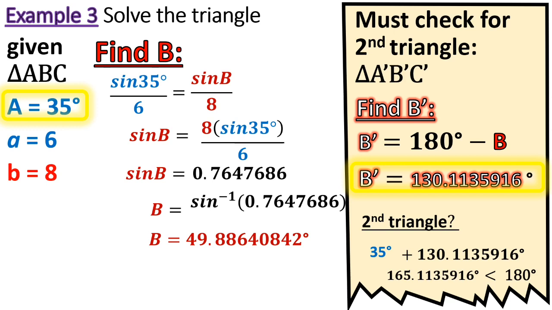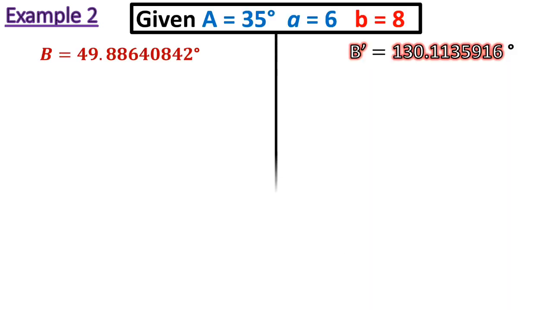You proceed with the given information and each of these angles, angle B and angle B prime, but it's like you're doing two separate problems. I'm drawing a line down the center to emphasize that we really have two separate problems, the problem on the left and the problem on the right.